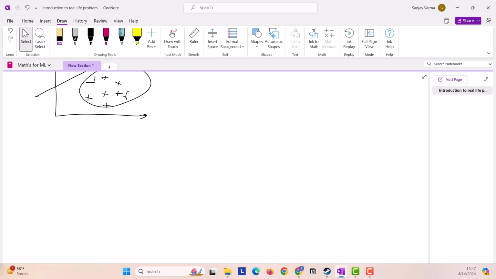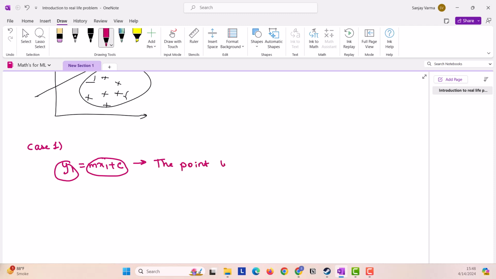The first possibility, case 1, is that y1 equals mx1 plus c. That is, this value is equal to this value. What this means is that our point lies on the line itself.